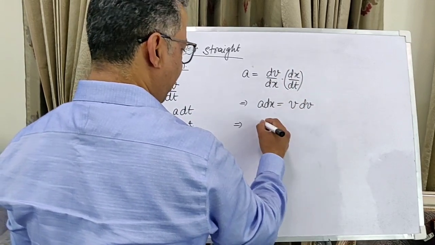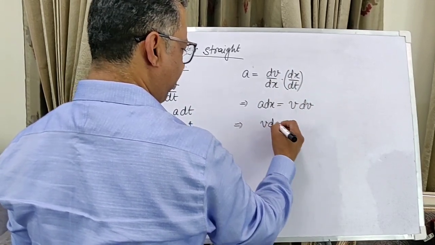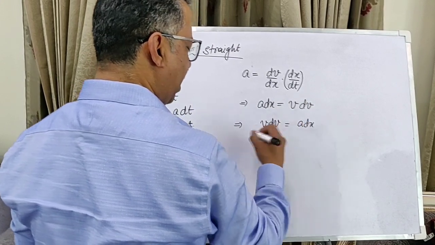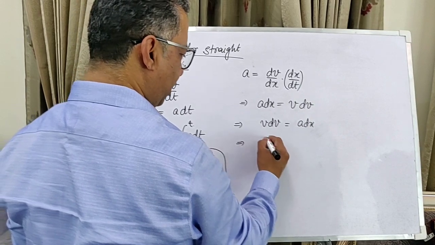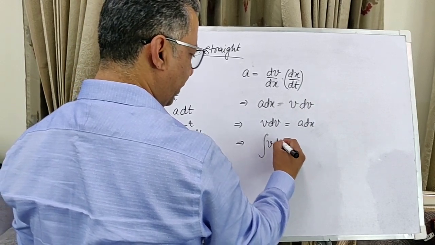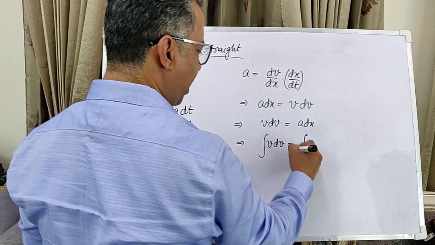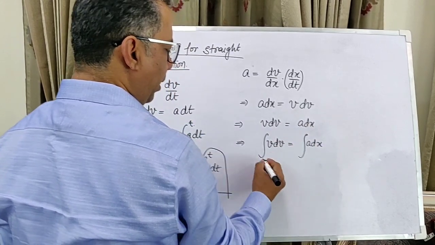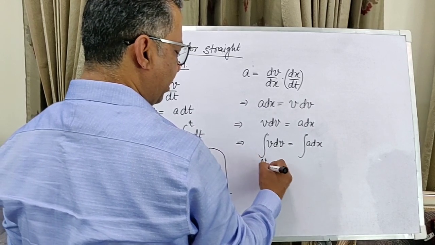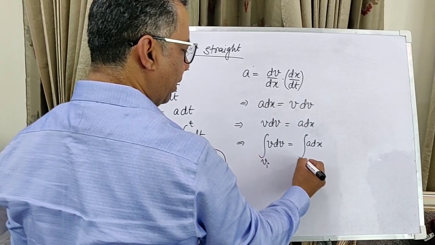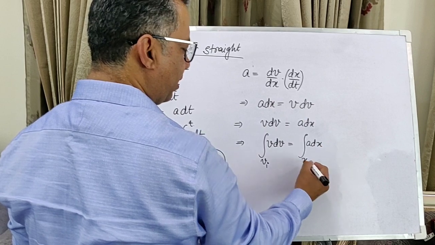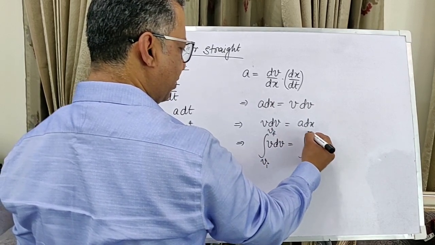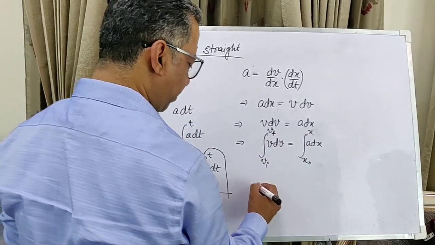Now we have v dv. I'll bring this to the left hand side, keep a dx on the right hand side, and now integrate both sides of the equation. V dv, we are integrating this, and on the right hand side we are integrating a dx. Now let's say vi is the initial velocity, and that's when the position x is x naught, and vf is the final velocity, and that's when the position is x.